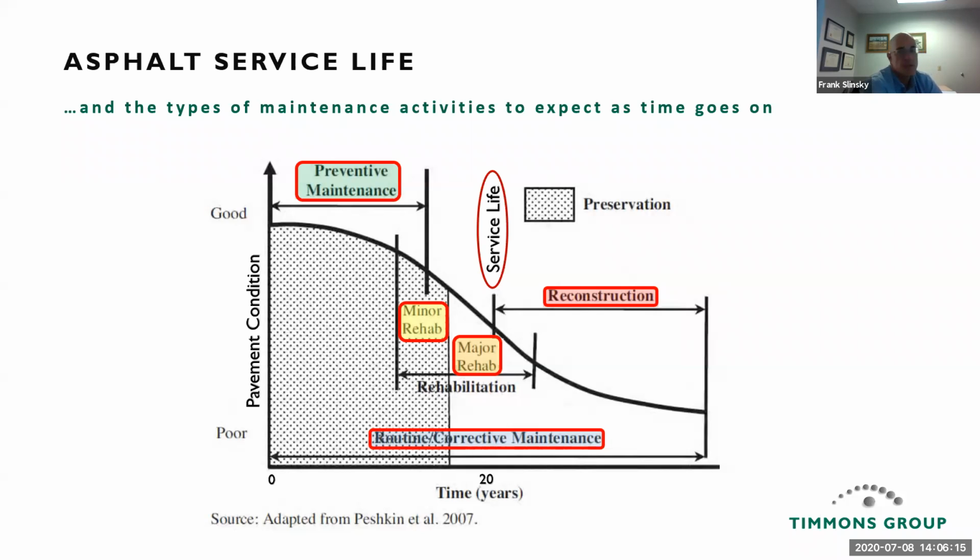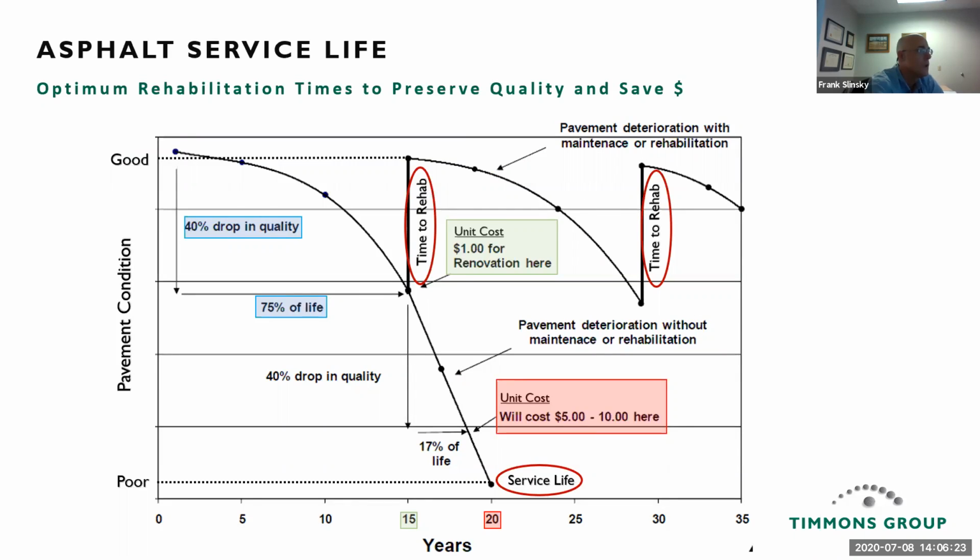We're going to dive deeper into these topics, but I wanted to show how service life falls within these categories. So here's a chart that shows the optimum rehabilitation times to preserve quality and save money. As we mentioned, asphalt quality only drops 40% in the first 75% of its life.